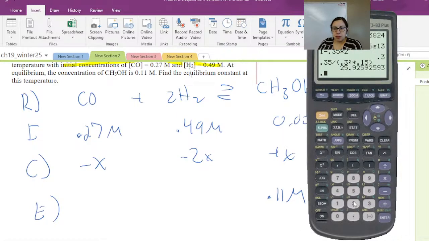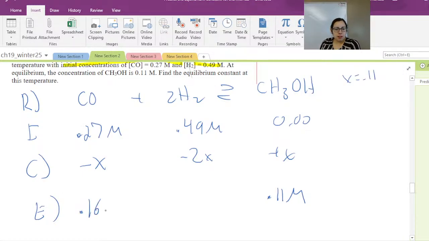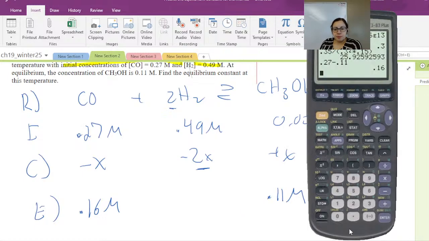So 0.27 minus 0.11. That gives us our equilibrium CO concentration. Repeat the same for H2, except write two equivalents, so minus 2x.